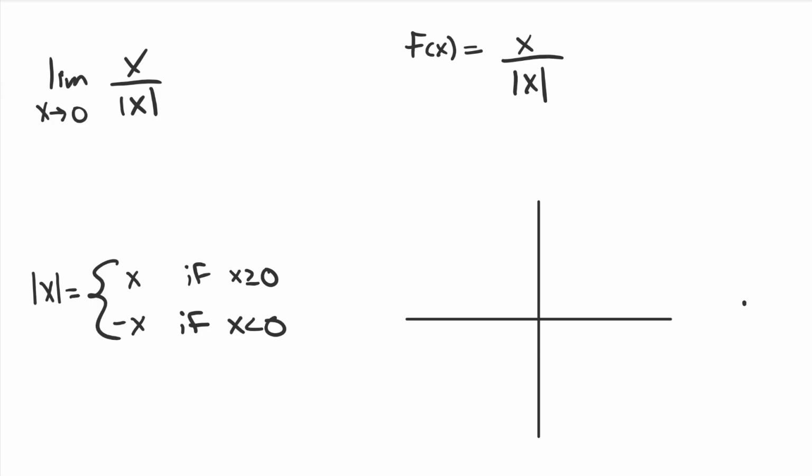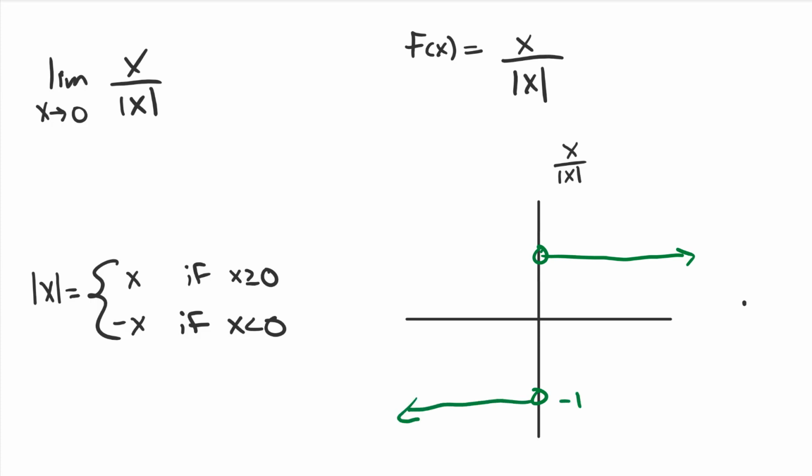So don't you have to change the sign of negative 3 to positive 3? That's what it's saying. It's just itself when it's positive, and you change the sign when it's negative. So to graph x over the absolute value of x, it's actually just like this.